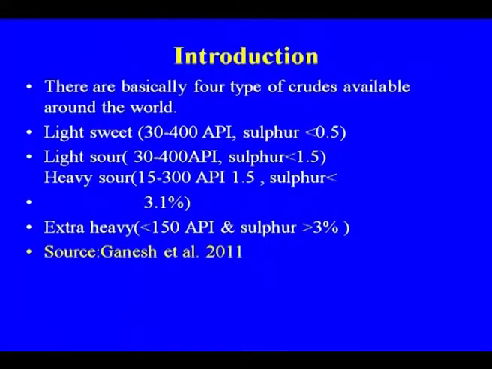There are basically 4 types of crudes available around the world. The light sweet has a high API and low sulfur content. The light sour has a sulfur content slightly higher than the light sweet, still on the higher side at 1.5, and the API is around the same. Then the heavy is 15 to 30 API with sulfur 1.5.